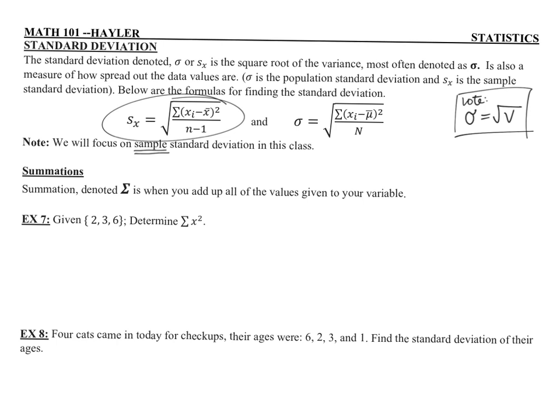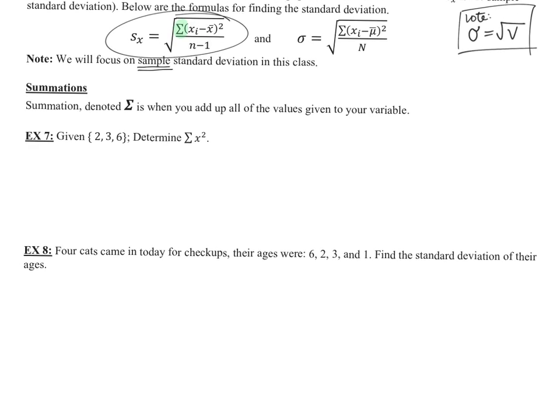You may or may not have seen this symbol before. That is called a summation, or the sum. This is denoted when you add up all of the values given to your variable inside the summation. So for example 7, let's look at what this means. We want to determine the sum of x squared, and we are given these values for x. So I'm going to be adding up each of these values squared, because that's what I'm told to do with those values.